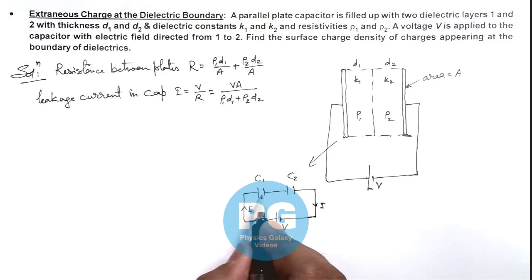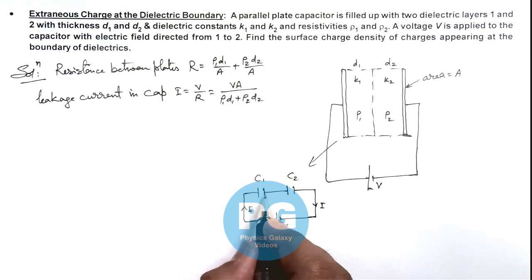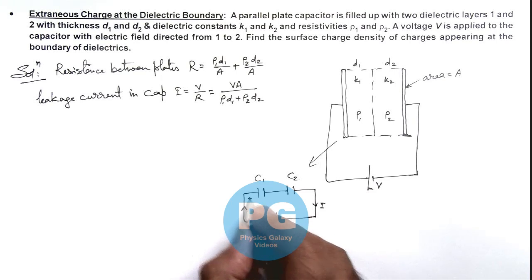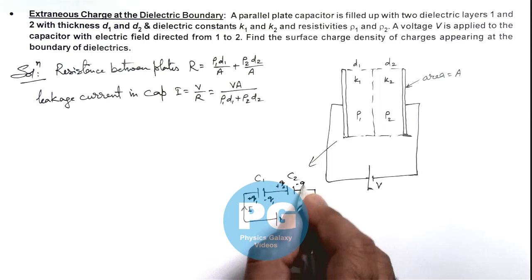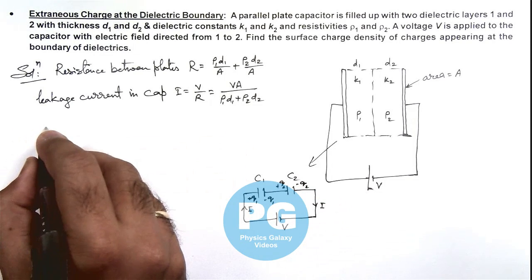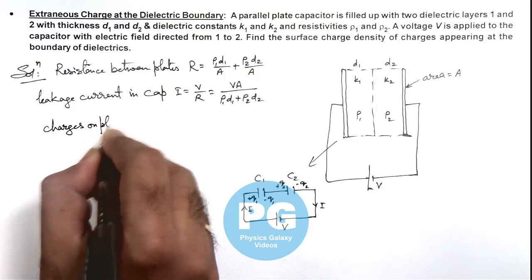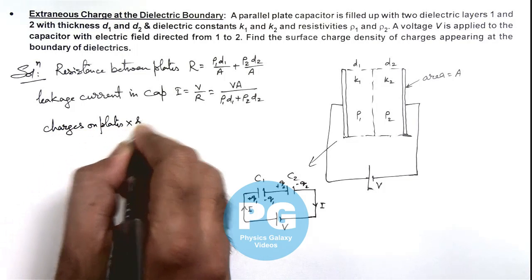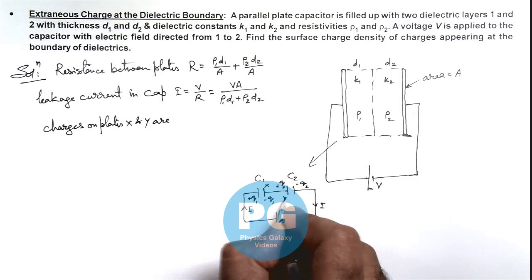But in this particular case, on the two plates connected with the capacitor, the charges will not be the same. So we can write the charges appearing on these capacitors as plus Q1 minus Q1 and plus Q2 minus Q2. Here we can consider this plate as X and this plate as Y.